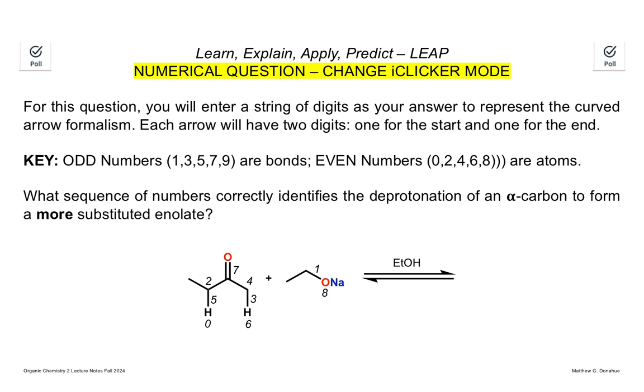So for the more substituted, we would have 8 to 0, 5 to 2. So I would say these are di-substituted.